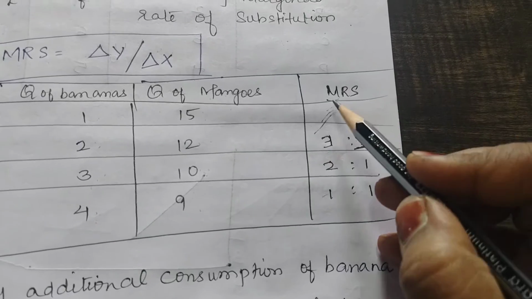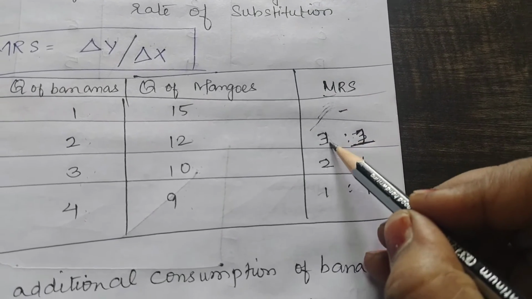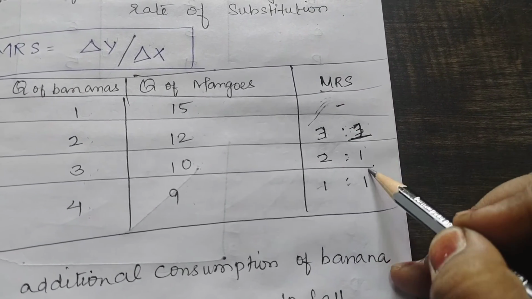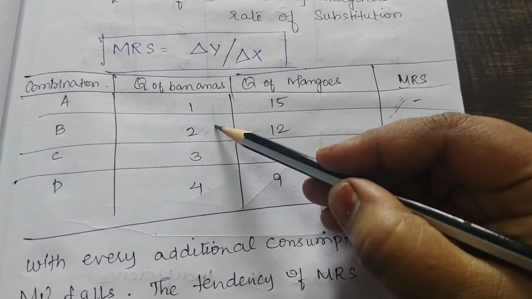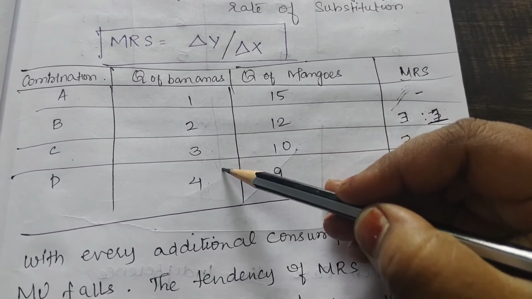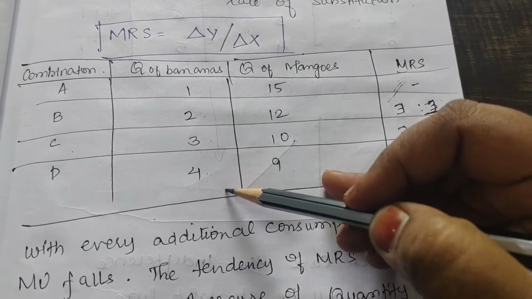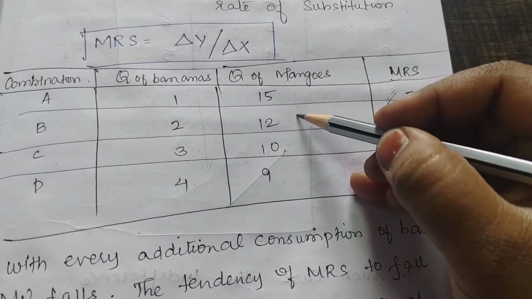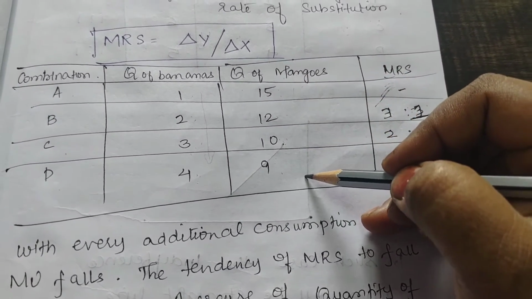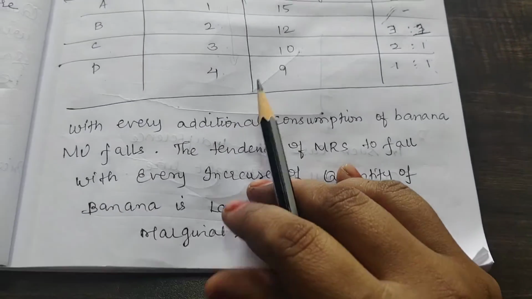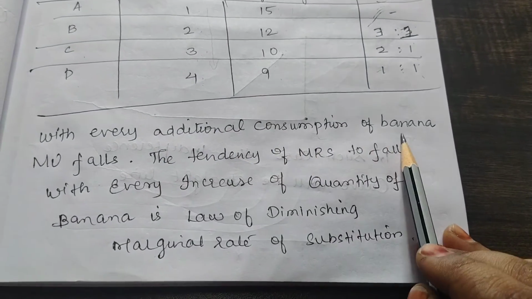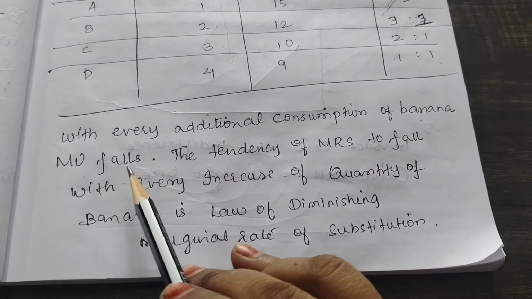Here you can see the MRS is decreasing: 3 is to 1, 2 is to 1, and 1 is to 1. So with every increase in the consumption of banana, the mango quantity has to be sacrificed. This is the marginal rate of substitution. With every additional consumption of banana, marginal utility falls.